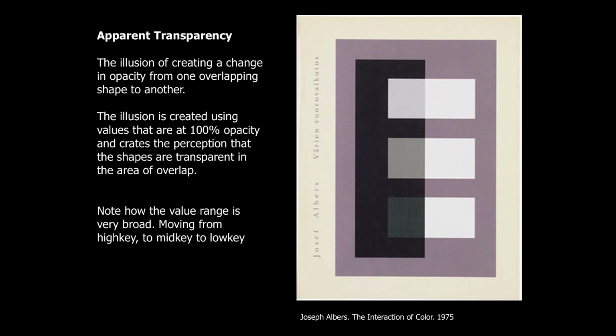The middle one, it's very hard to tell whether it's on top or below, but certainly the bottom one, it looks like the white rectangle is going behind the black rectangle, and that the black rectangle is transparent. This is a really good example of a broad range, very simple but broad range of value.